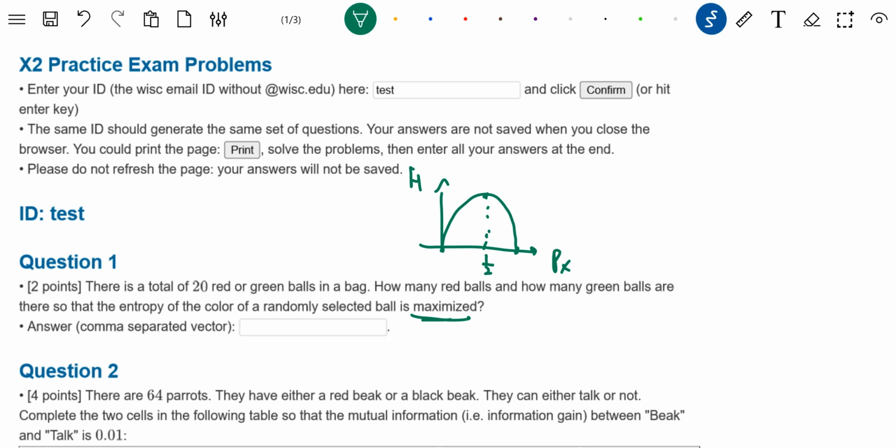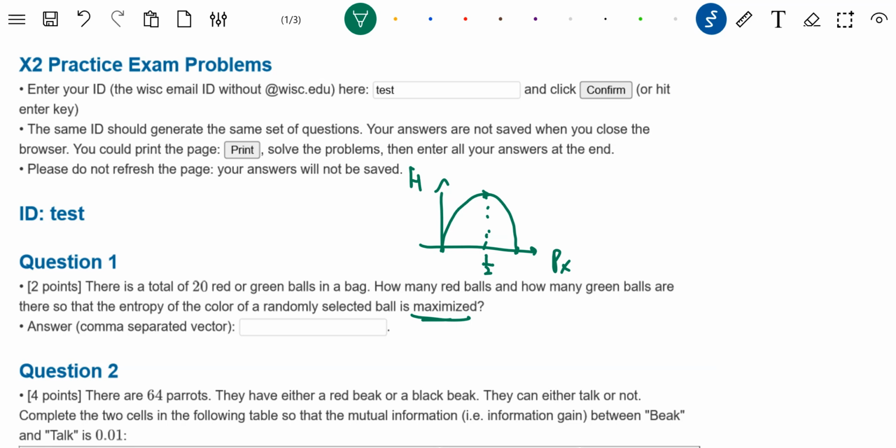However, if it's 10 red balls and 10 green balls, then drawing a ball gives you a lot of information about the color of the ball. Because if you don't draw it, then you are really uncertain. So when you draw it, you gain a lot of information. That's intuitively why it is maximized at a half.